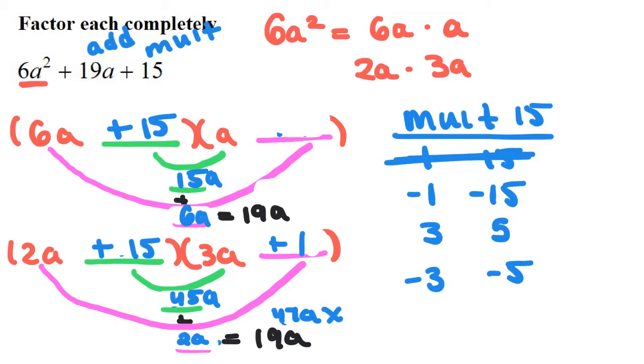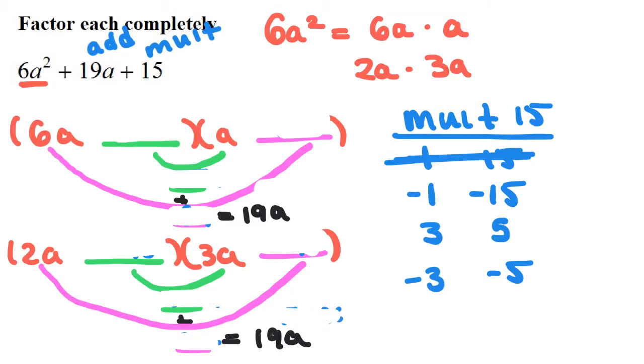Now if I continue with the next example, I have -1 and -15. However, in both those cases, the -1, -15 didn't get us anywhere near our answers. So let's try going to the next set of numbers.